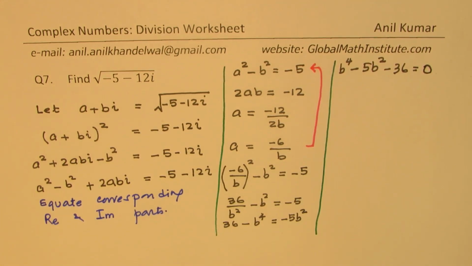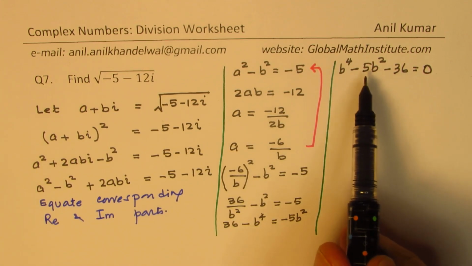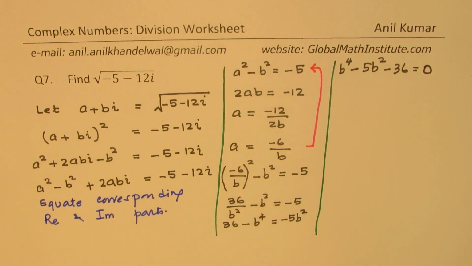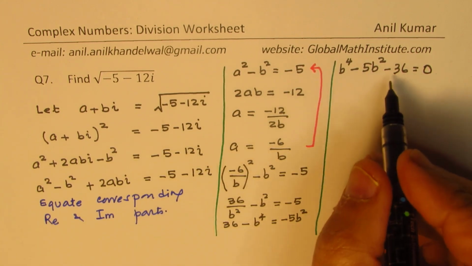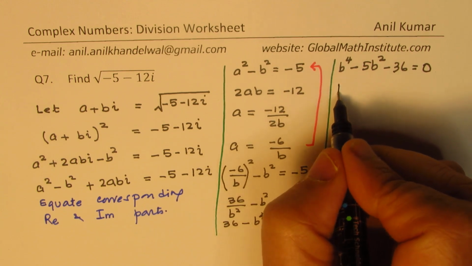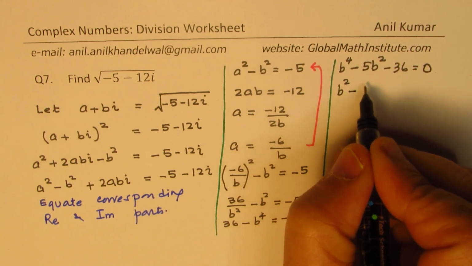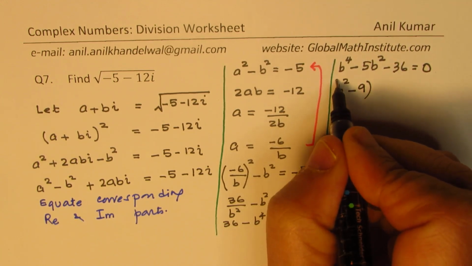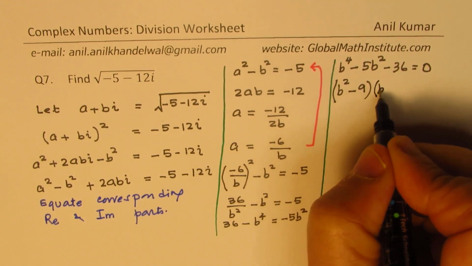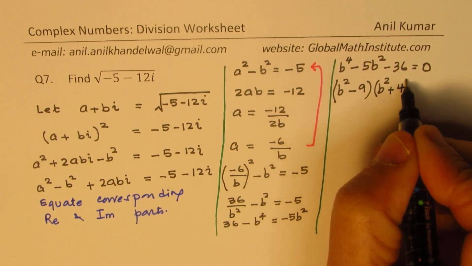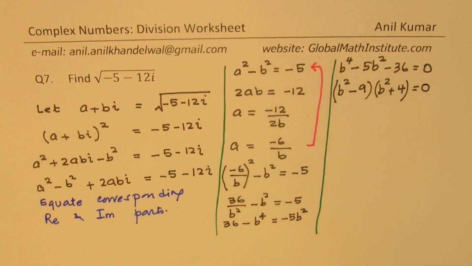To factor this, we are looking for two numbers whose product is minus 36 and sum is minus 5. So that could be 9 and 4, right? So 9 and 4 can work for us. So we get b squared minus 9 times b squared plus 4 equals 0.